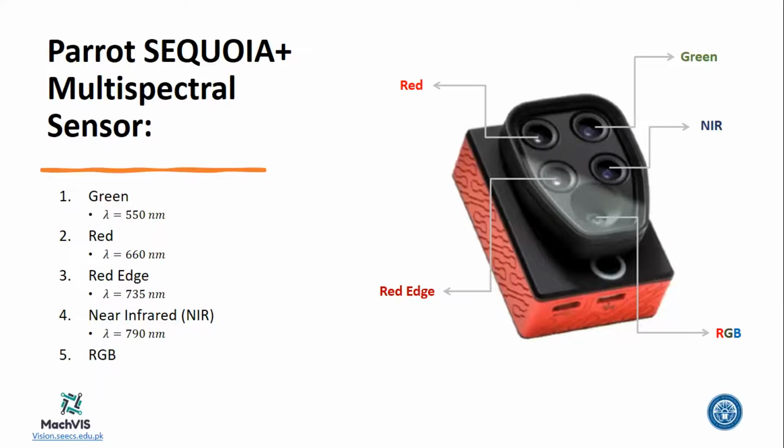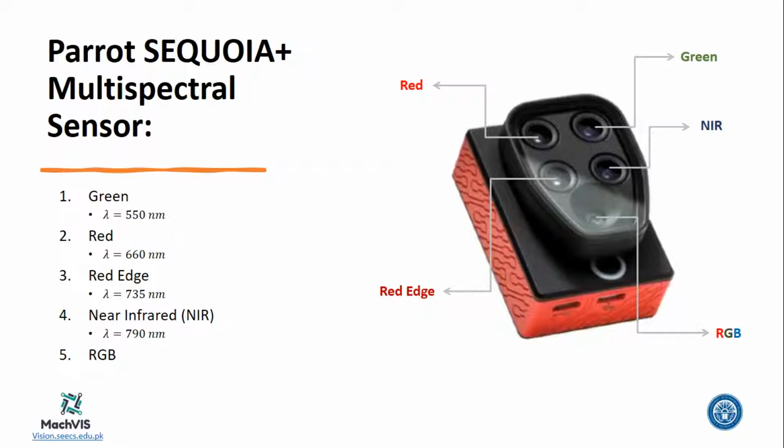Here there are 5 different cameras installed on this sensor, and four of them are capturing different bands, for example red edge, red, green, and NIR.